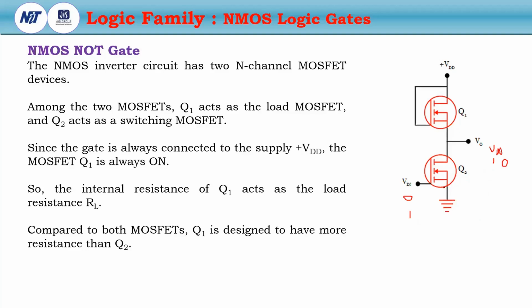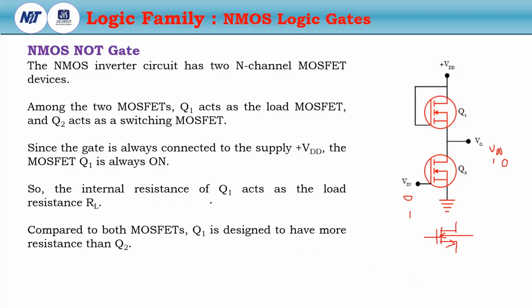This type of two MOS are used as enhancement mode MOSFETs. You can use these MOSFETs as depletion type MOSFETs also, but the operation will be the same. So this is the symbolic representation of the enhancement type, and this is the symbolic representation of the depletion type of NMOS. The operation is the same.